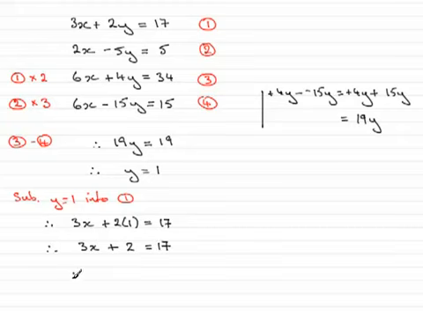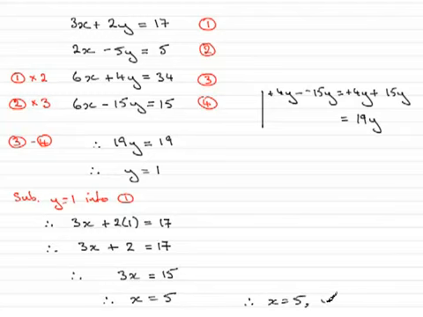Next, I just need to subtract 2 from both sides, so I have 3x equals 15. Then dividing both sides by 3 gives me x equals 15 divided by 3, which is 5. So to summarize, I have x equals 5 and y equals 1.